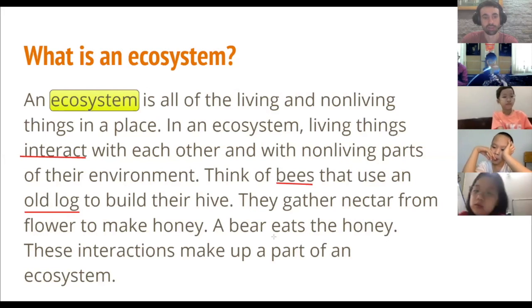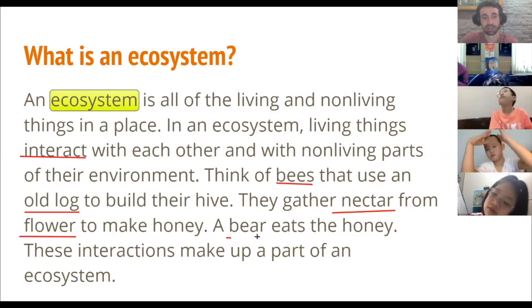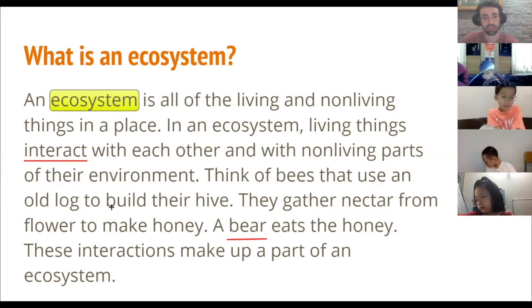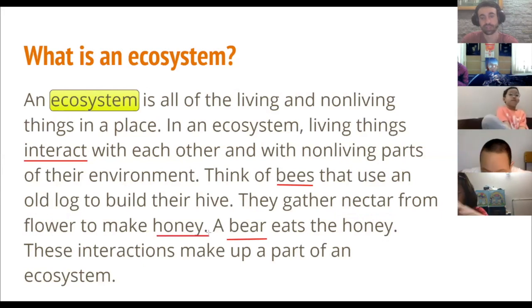They also had to interact with nectar from a flower, and then a bear interacted with the bees and stole their honey. So it's how everything is interacting together.